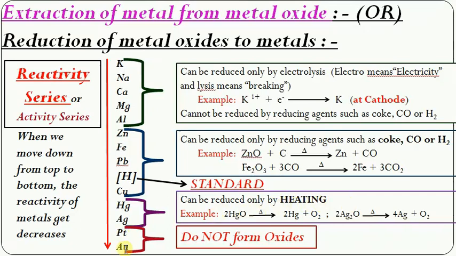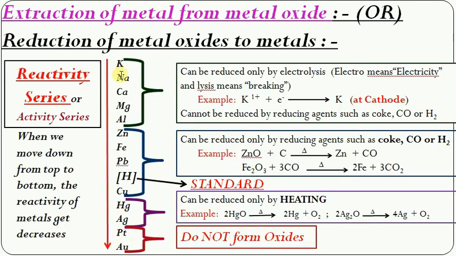Now platinum and gold, they do not form oxides, that means they are not at all reactive. In the earth's crust, they are available as gold and platinum as it is. They are available in the free state, which we call the native state. So they do not form any oxides, and they are very least reactive metals.